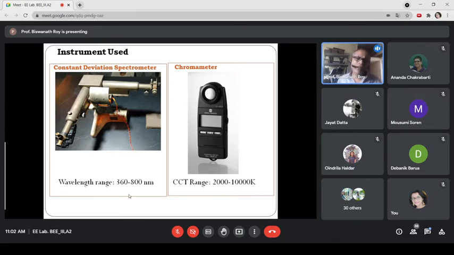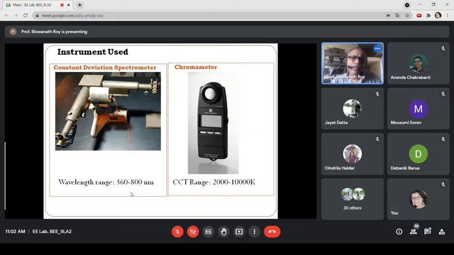At the lower end of 360, it is UV. We cannot see 360, and we cannot even see 400 properly; we start seeing a little after that. But theoretically, it is 380 nanometer to 780 nanometer. That is the internationally accepted limit of visible radiation, from 380 nanometer to 780 nanometer.